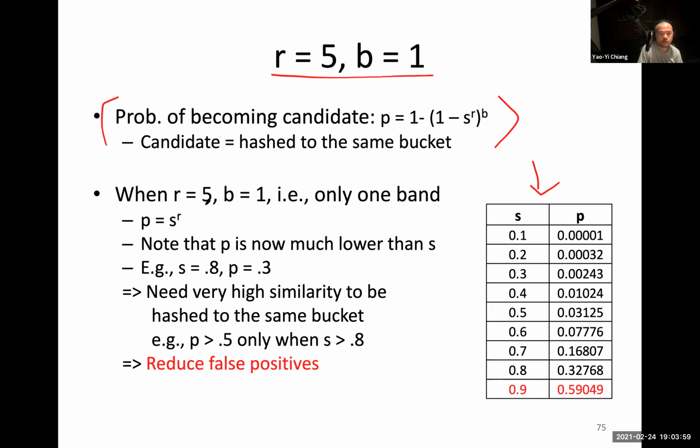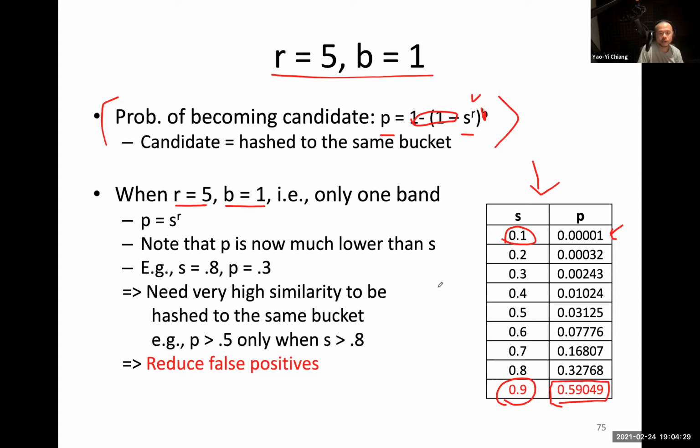B equal to 1, so no B, cancel it out: P equals S to the power of R. What does it mean? If your S is small, the probability of becoming a candidate will be even smaller. If your S is large, it will be smaller, but not significantly smaller.